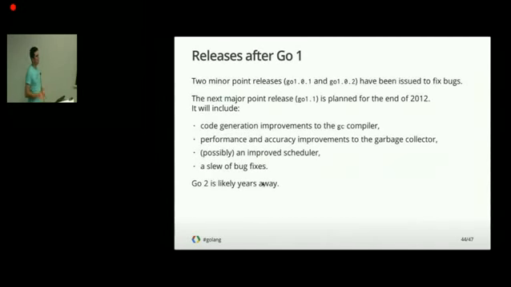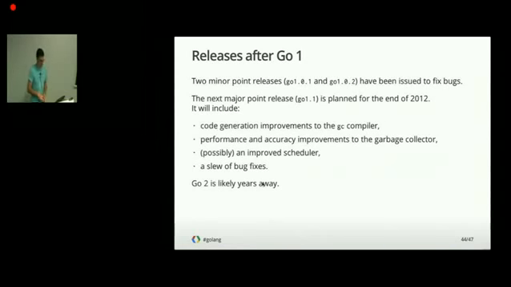So far we've had 2 minor point releases, and they've just been issued to fix bugs. So the minor point releases are actually issued on a branch, and we just cherry pick and apply all of the sort of smaller fixes, documentation fixes, and other critical fixes to those branches. And so we've had 2 of those so far, and we're looking at another major point release, starting to organize that at the end of 2012 and probably releasing in early 2013.